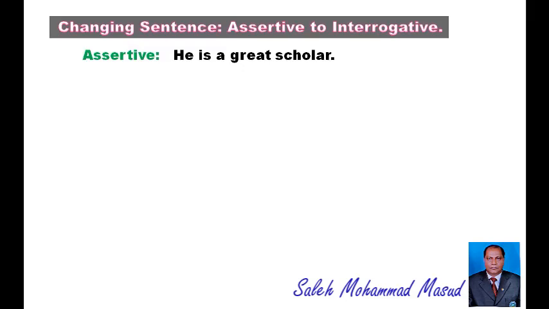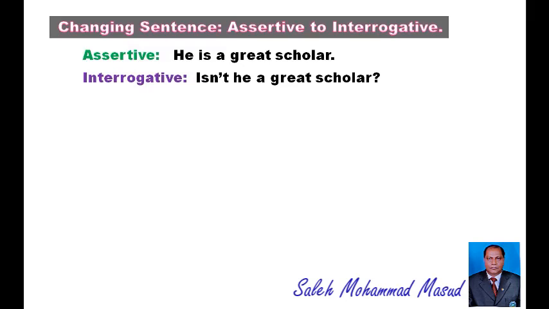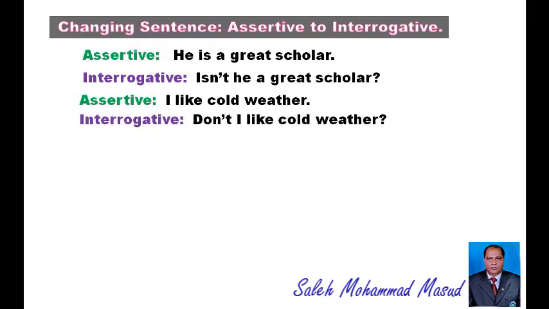The answer would be, isn't he a great scholar? We have to use a question mark at the end. Next example, I like cold weather. It's simple present and the subject here is I. So we have to use don't. The answer would be, don't I like cold weather?